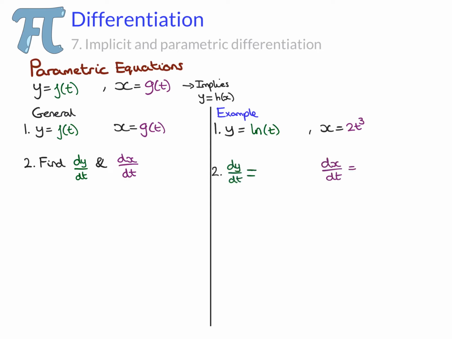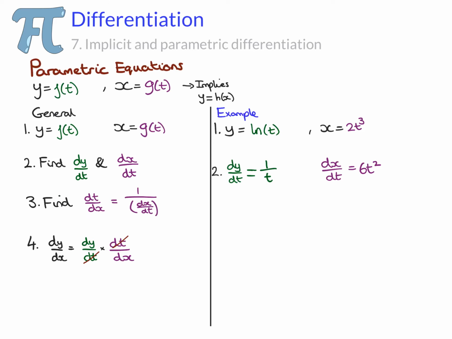In our case, dy/dt is 1 over t and dx/dt is 6t squared. Like when using the chain rule, we aim to exploit the handy fact that multiplying dy/dt and dt/dx will cancel the dt's and leave us with dy/dx. Be careful, we aren't just multiplying dy/dt and dx/dt, since this wouldn't cancel the dt's.